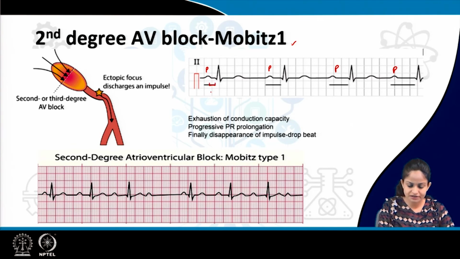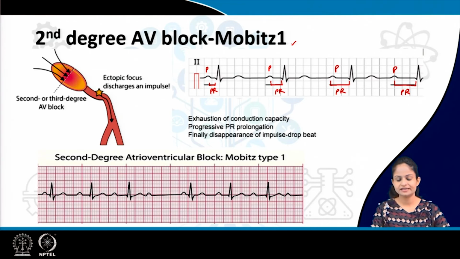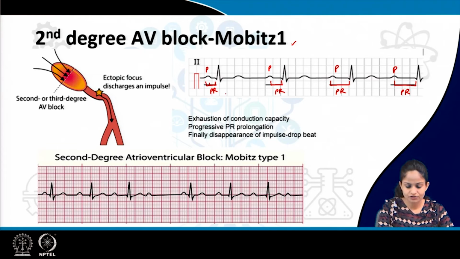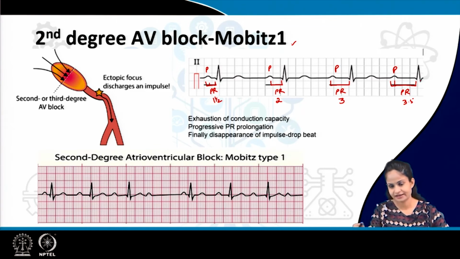So, this is the PR interval, this is the PR interval, this is the PR interval, and this is the PR interval. We can see there is a gradual prolongation of PR interval, starting from say 1.5 boxes, then 2 boxes, then 3 boxes, and almost 3.5 boxes. And finally, we will lose the QRS complex in the next beat.